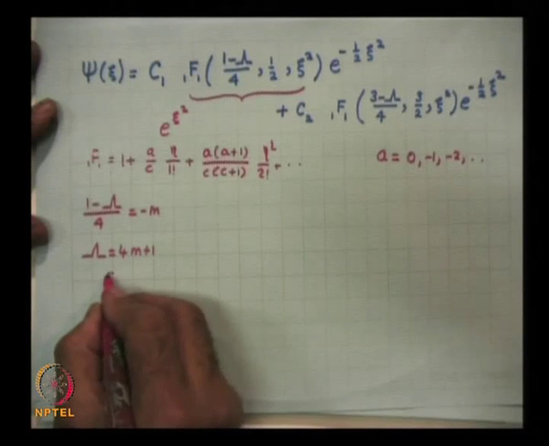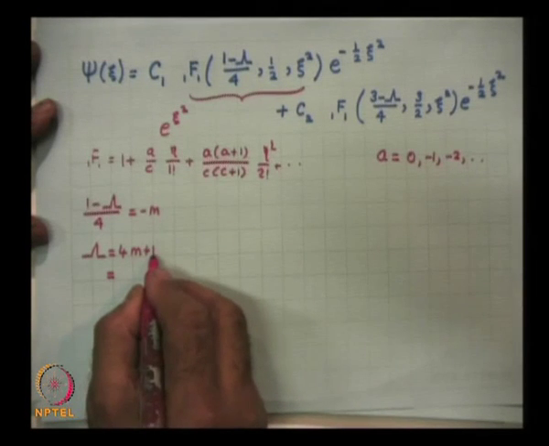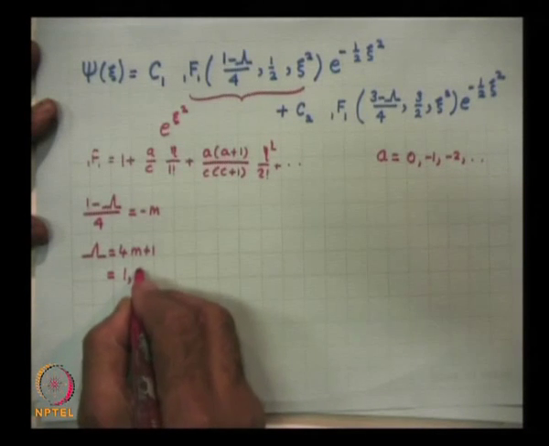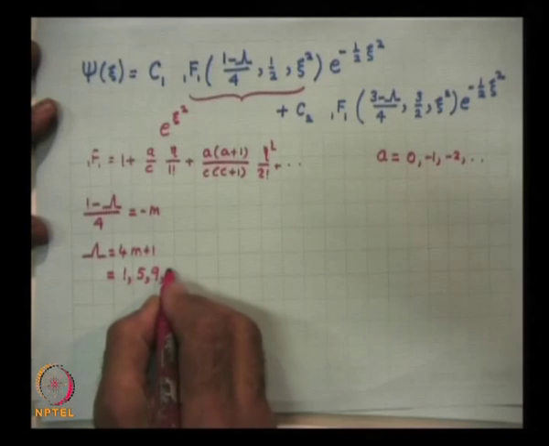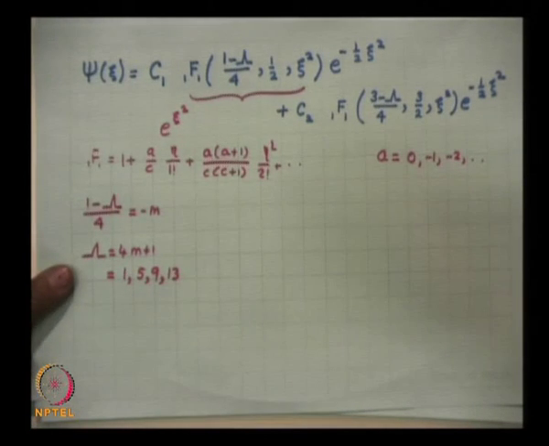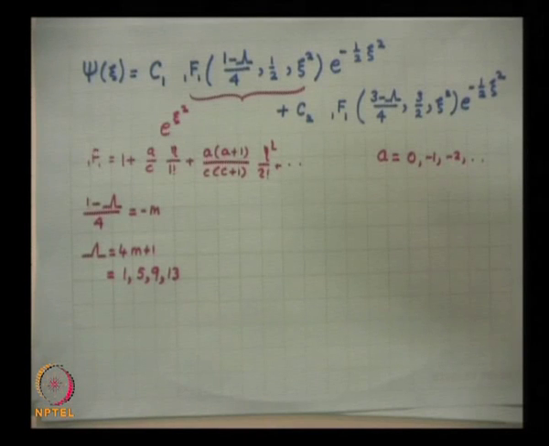that is equal to 1, 5, 9, 13. Only for these values of lambda will this become a polynomial.